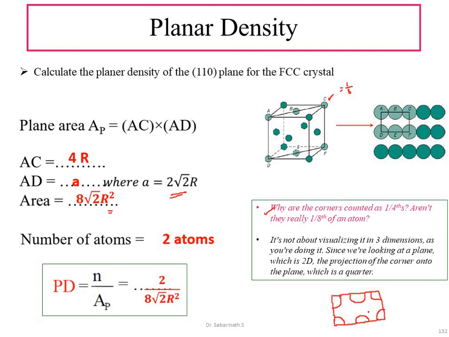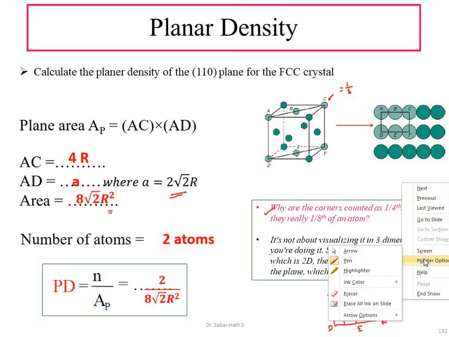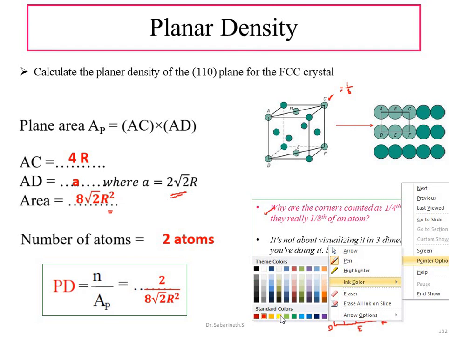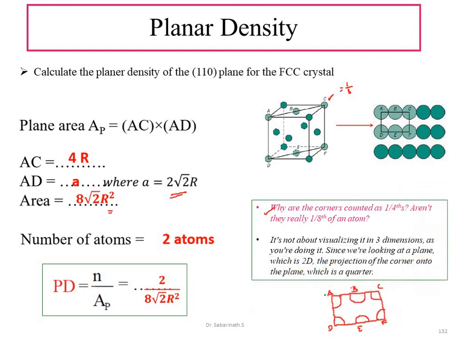So if we consider a plane like this, it will be as shown here: A, B, C, D, E, and F. Now let's see the contribution. Here the contribution will be 1 by 4, here 1 by 4, here 1 by 4 of an atom, and here 1 by 4.